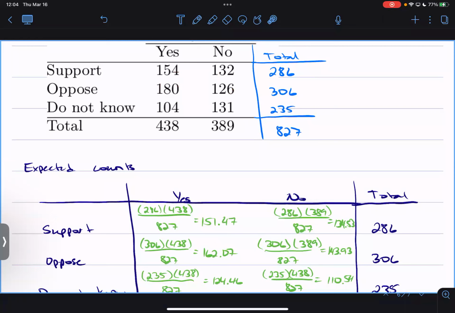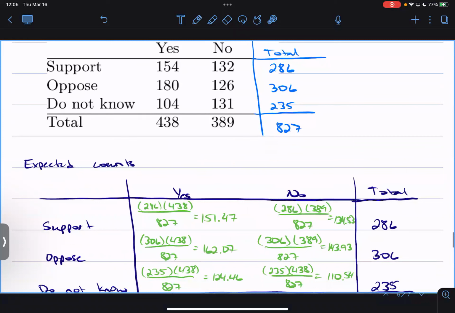So 154 to 151, not a huge deal. 132 to 134, not a huge deal. 180 to 162, all of a sudden I'm feeling a little shaky, right? We need the spread in order to figure out if that's a big difference or not. So that's what the chi-squared test statistic does.